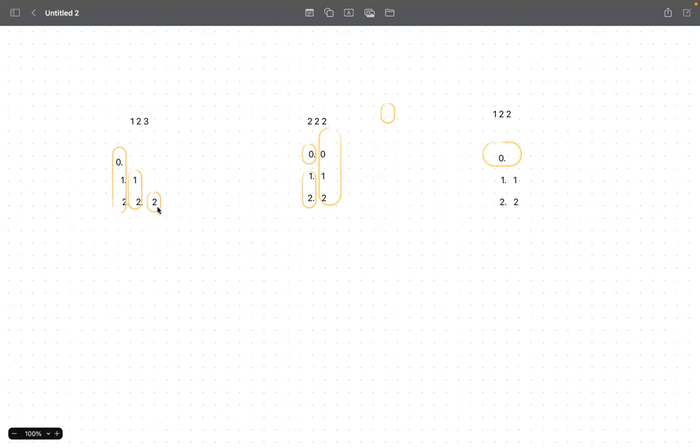And then 2 has the maximum count, so it goes in the shortest length. So that is the intuition behind my approach. So to satisfy this greedy selection, let's make it, it's not 0, it should be 2.